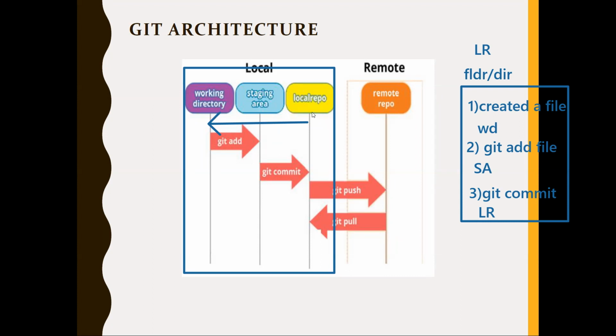Like I said, you cannot directly make any changes in local. Even though you pulled changes into local, the new changes you are making will be in the working directory only. It's the same folder, right? When you create a new file or make any new changes, they will first be in the working directory only. You have to add those changes, they move to staging, and again they move to local.